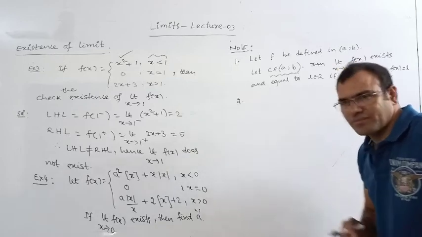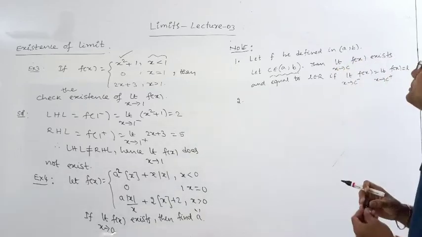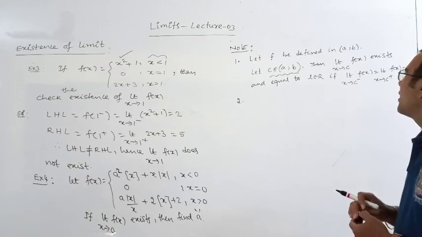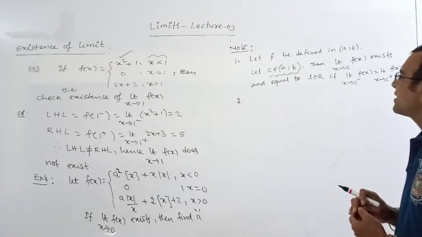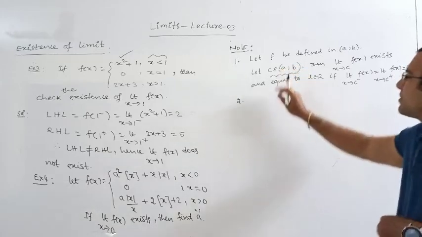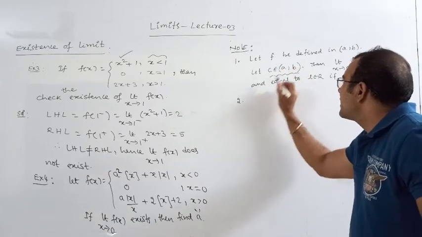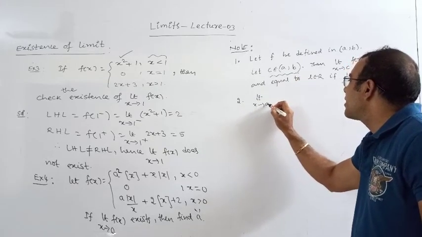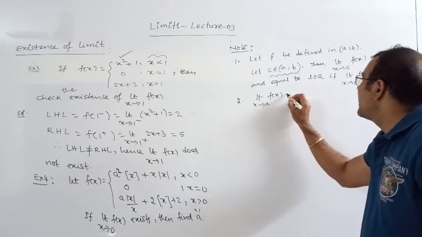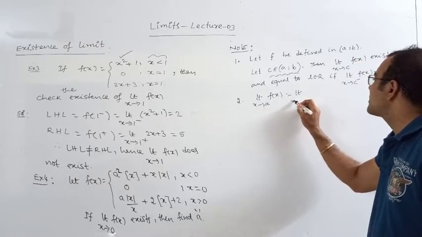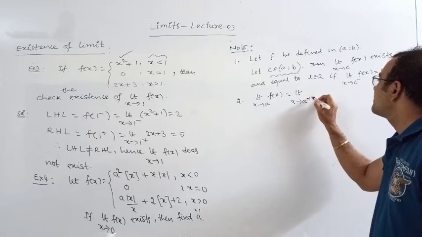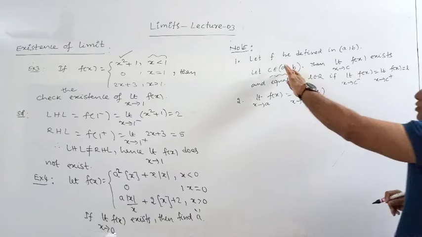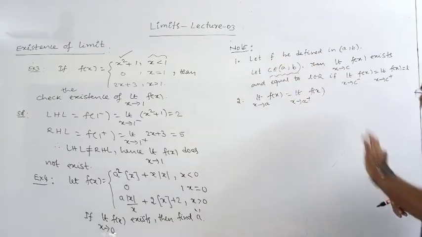Second one. For the same, here you see, in the above case, limit x tends to a of f of x means limit x tends to a plus of f of x, because there is no left side of a.